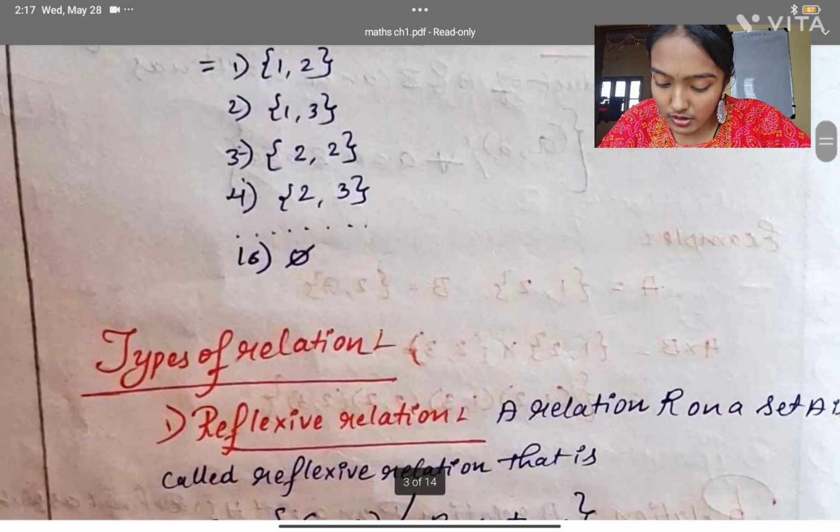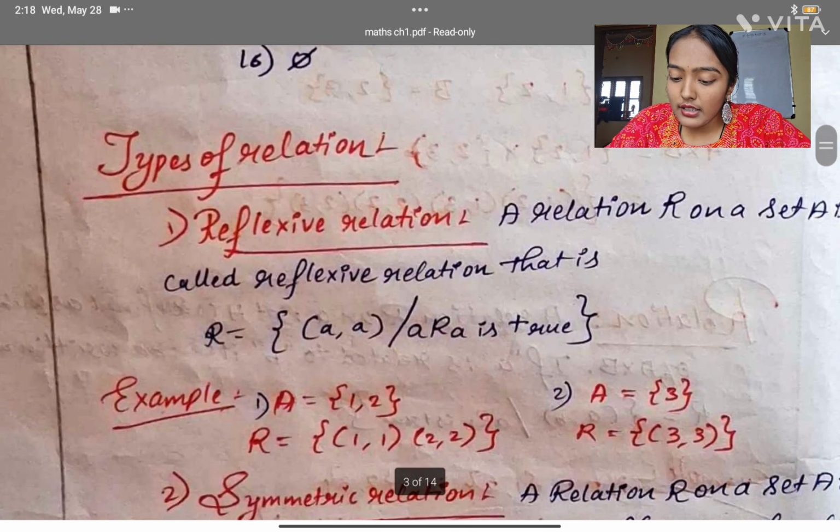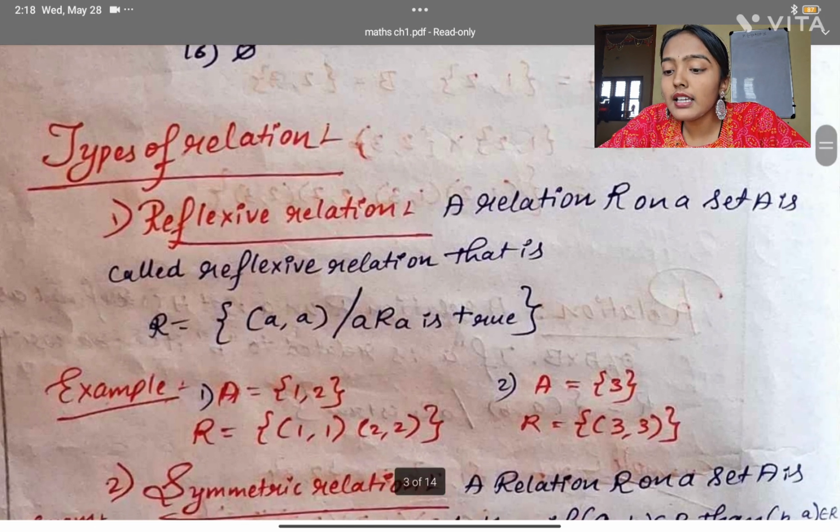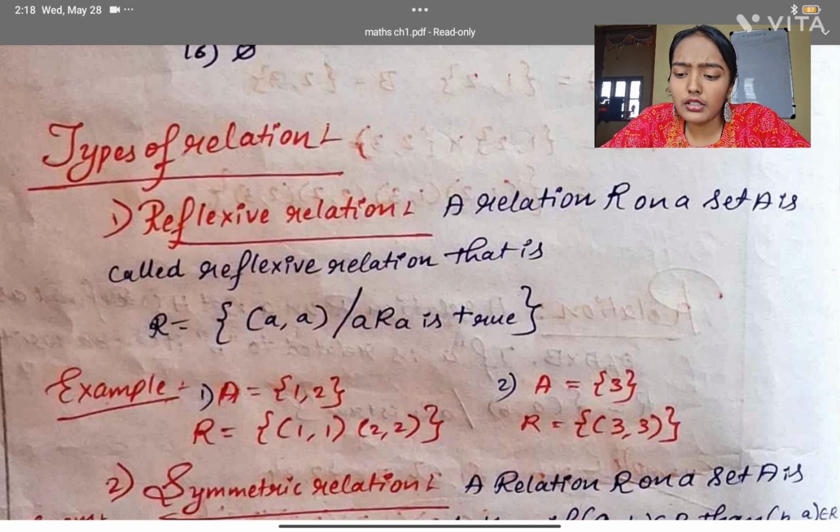Okay, type of relation. See, this can be asked in your exams. Reflexive relation means a relation R on a set A is called a reflexive relation if R is equal to (a, a) for all a in A, that is, a is related to a.